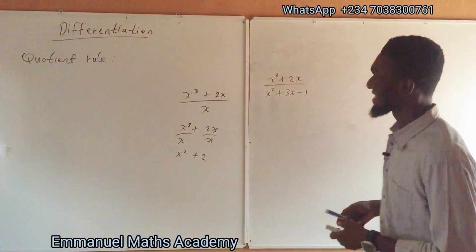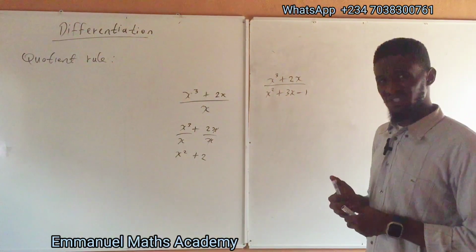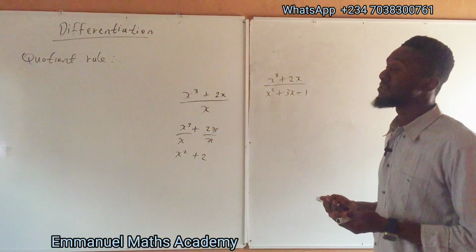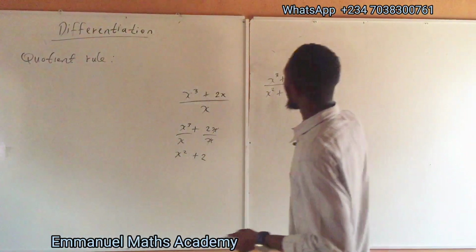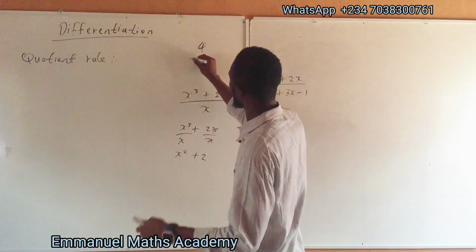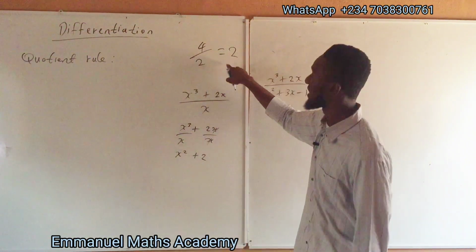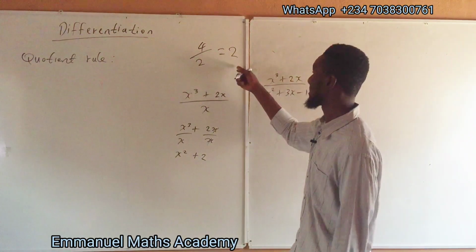Well, first of all, what is quotient? Quotient is just the result which you get when you divide two numbers. The quotient of 4 over 2 is 2. The result which you get after dividing is your quotient, right?